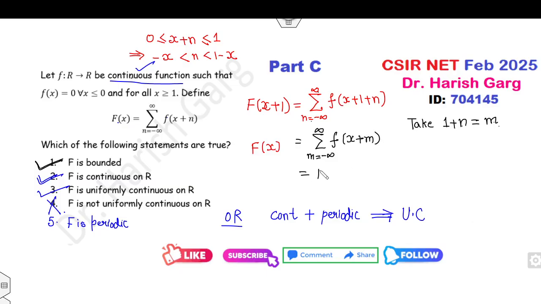So what is the meaning of that? This is my f of x. So yes, f is a periodic function and f is a continuous function. We already proved in the second option that f is continuous, and f is periodic. That means f is uniformly continuous. So yes, A, B and C are the right answers.